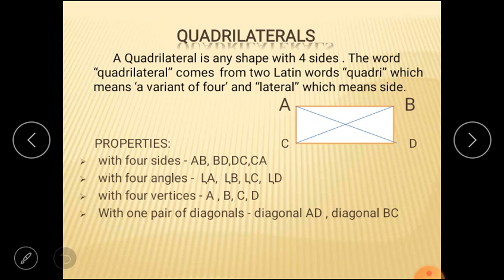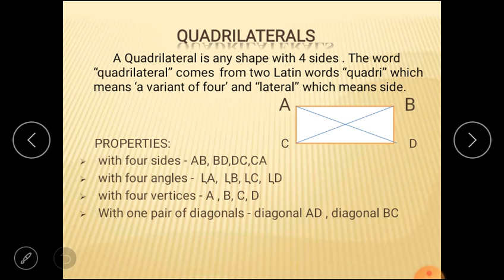So we'll discuss this quadrilateral's properties. First, it has 4 sides. What are the sides? Sides AB, BD, DC and CA. These are all the 4 side names.